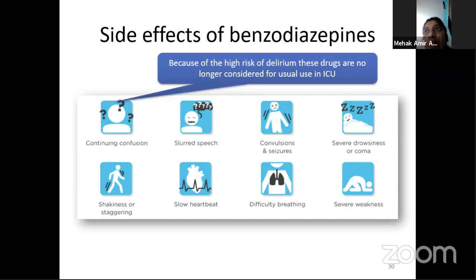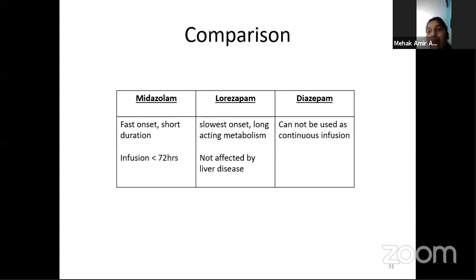Next slide, please. So this is a graph. It is a comparison graph showing which drug has the fastest onset and which has the slowest onset. Midazolam has a faster onset than lorazepam, and you can use midazolam as an infusion, but you can't use diazepam as an infusion.